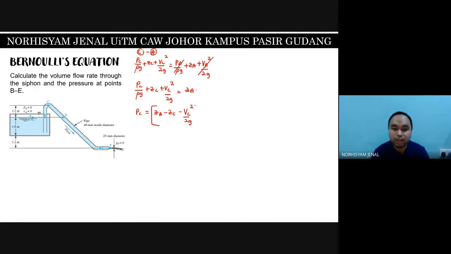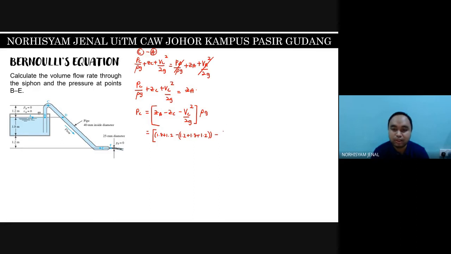Everything should be multiplied with rho G. Okay, so this is equal to ZA minus ZC. ZA is just now 1.8 plus 1.2, minus ZC, 1.2 plus 1.8 plus 1.2. Okay. And then minus VC.